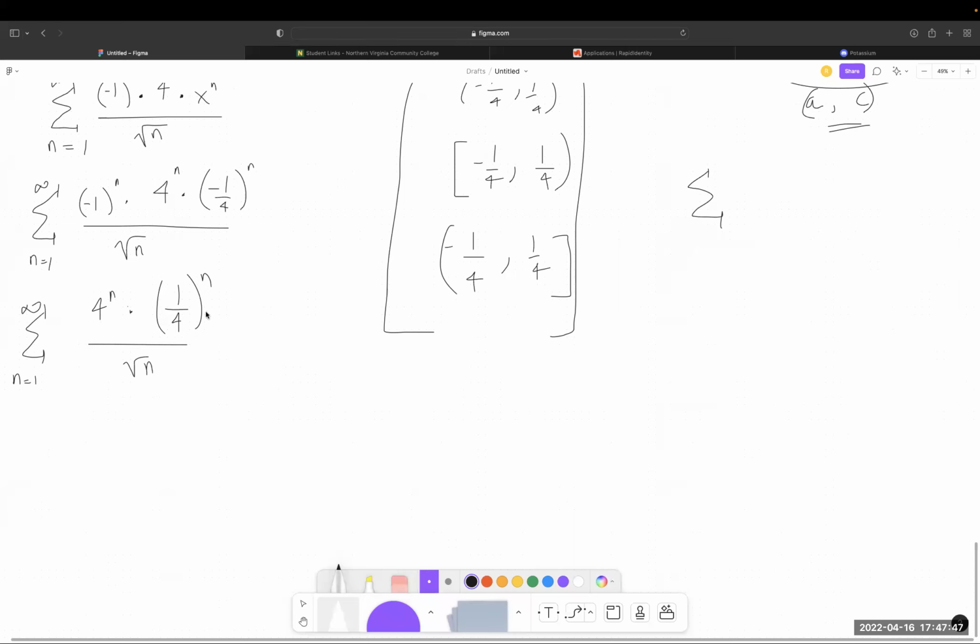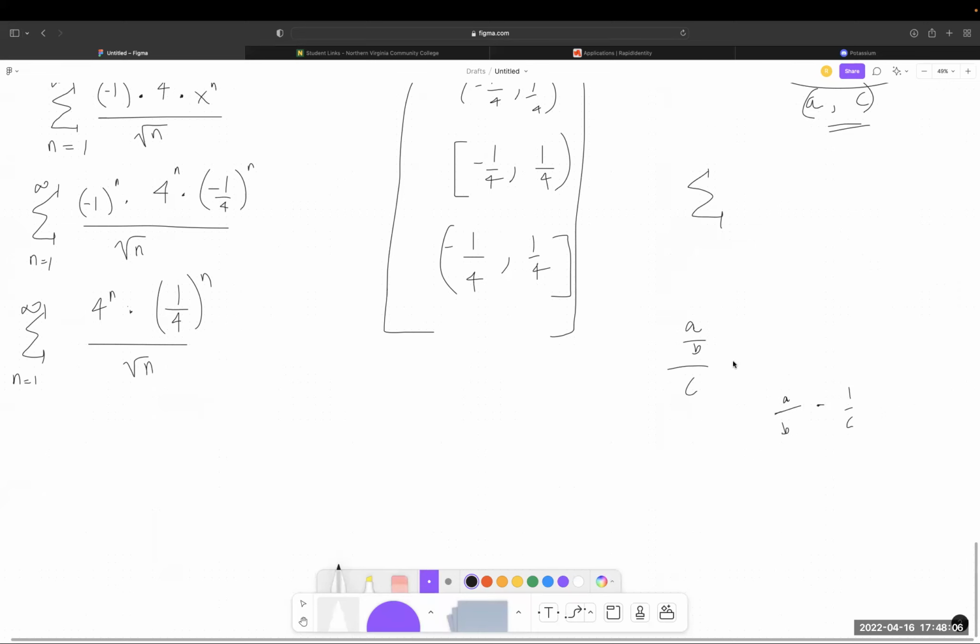What you'll notice is, if you have a over b, over c, this is the same thing as a over b times 1 over c.